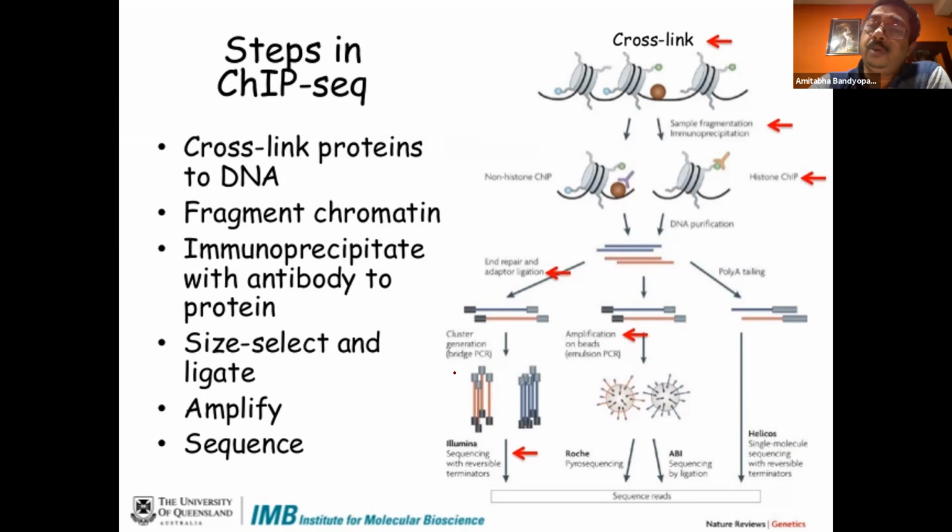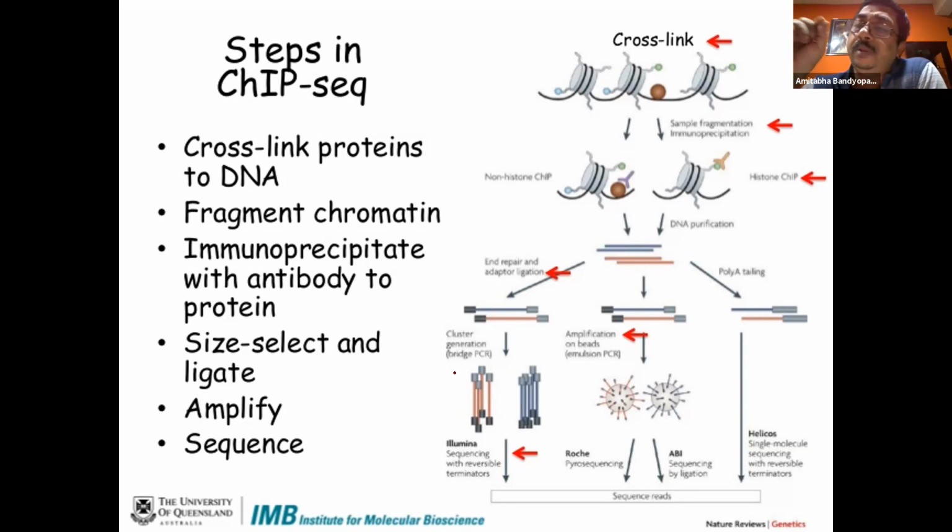So what you can do is isolate the nucleus, dissolve it, and add an antibody against your transcription factor, cut the DNA very gently, either using sonication or using DNase or something like that, and then you immunoprecipitate the transcription factor.